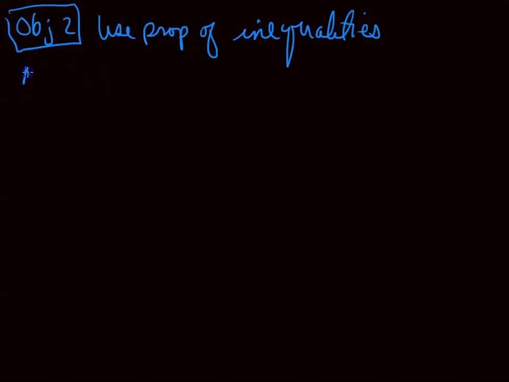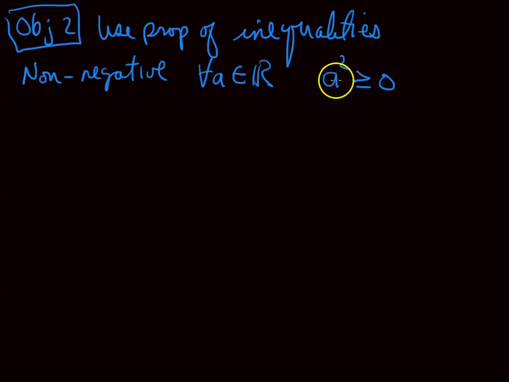There's one called the non-negative property, which says for all a elements of the reals. That upside down capital A is for all a, this symbol is an element of, and of course this is the symbol for the real numbers. a squared is greater than or equal to 0. You can never get a negative number when you square it, because two negatives make a positive, right?